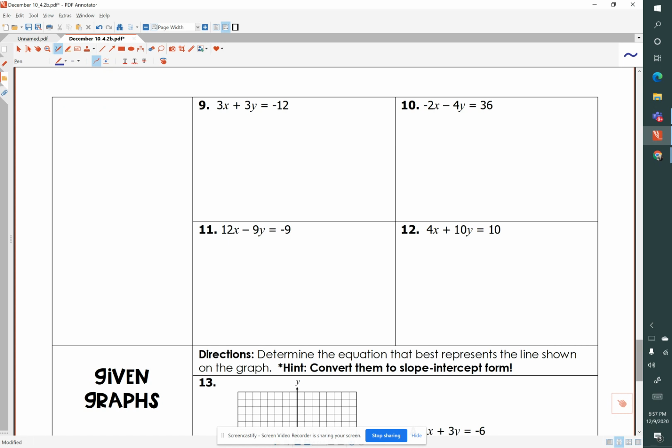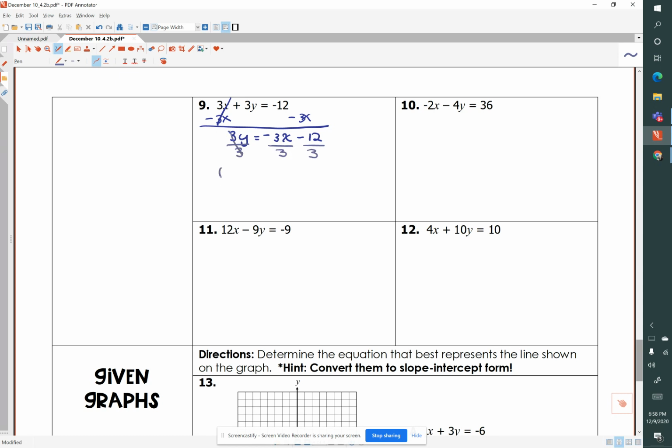Okay, so for number 9, we'll subtract 3x from each side of this equation. And then we have 3y equals negative 3x minus 12. And now we simply divide everything, all 3 terms, by 3.